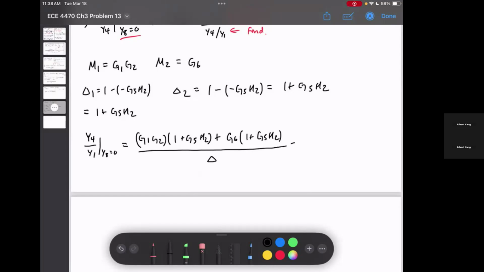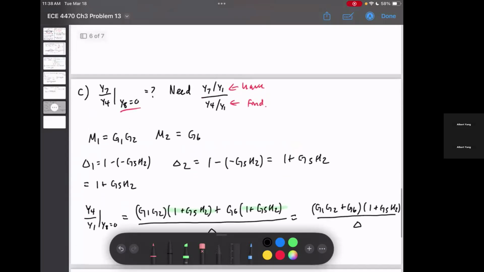And we can simplify this further by factoring out the 1 plus G5H2. That would give us G1, G2 plus G6 times 1 plus G5H2 divided by the determinant.